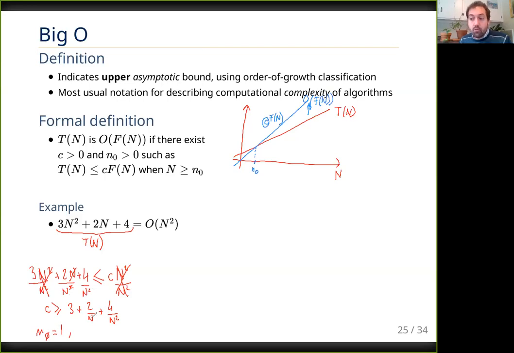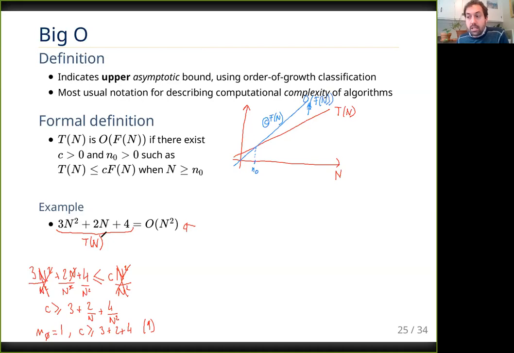If we replace n here and n squared by this n0 equal 1, then we have 2 divided by 1, which is 2, and 4 divided by n squared, which is 1, so that makes 4. So essentially it means that c must be greater than or equal to 3 plus 2 plus 4, which is 9. And it means that this proposition is correct.